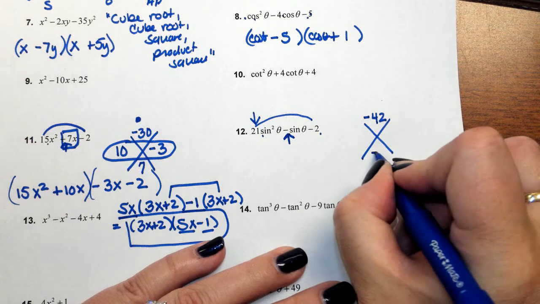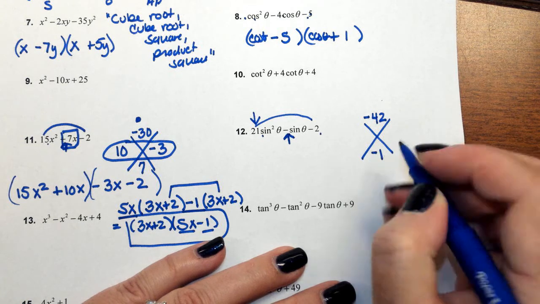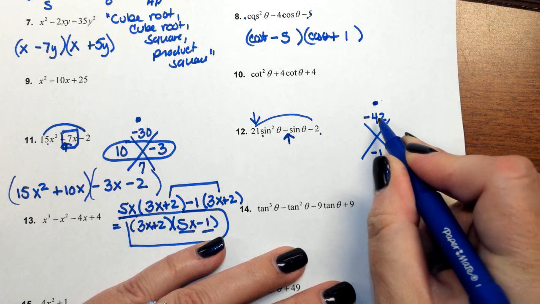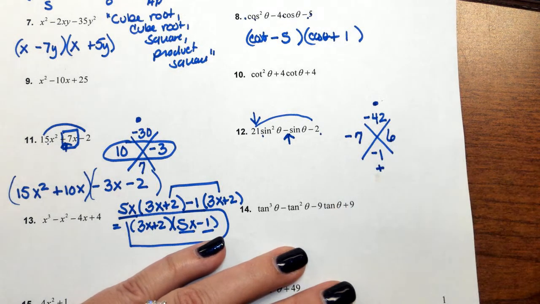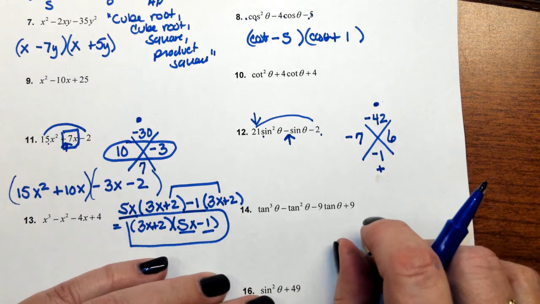That's a negative 1. So you want to find numbers that multiply to give you negative 42, but when you add them together, give you a negative 1. The factors would be negative 7 and a positive 6. So negative 7 plus 6 is a negative 1.